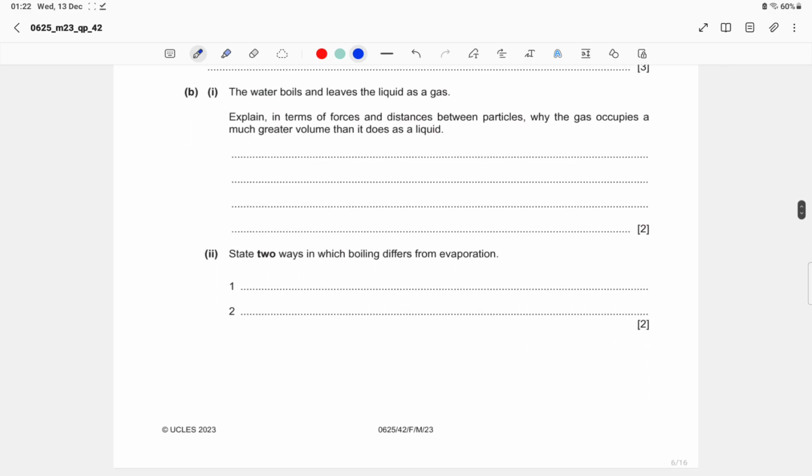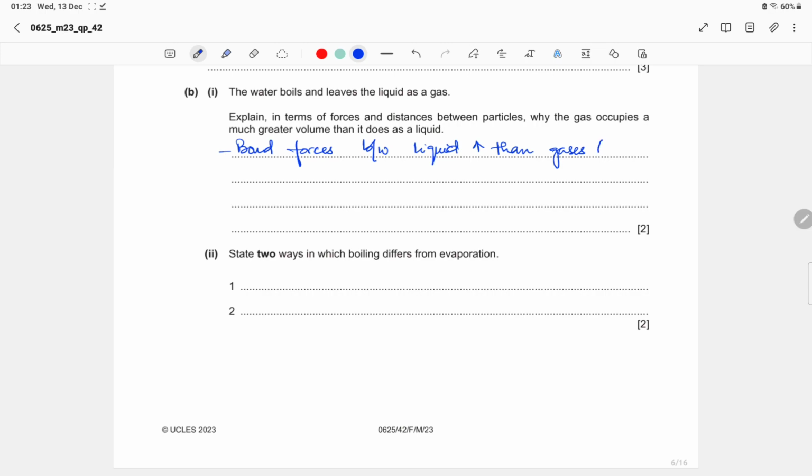Okay, the water boils and leaves the liquid as gas. Explain in terms of forces and distance between the particles why the gas occupies a much greater volume than it does as liquid. So the bond forces between particles in liquids are greater than in gases.